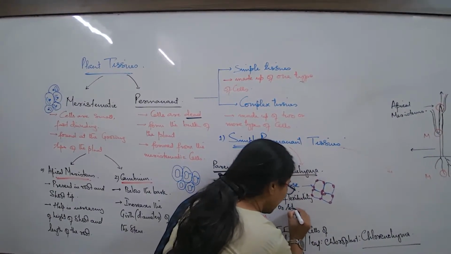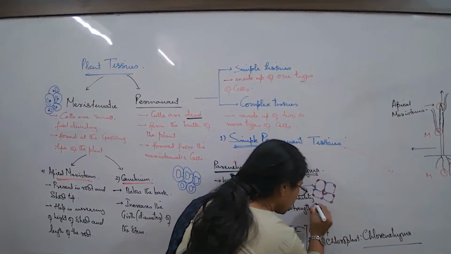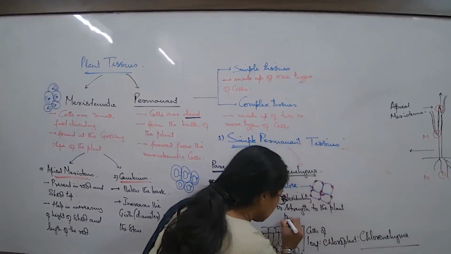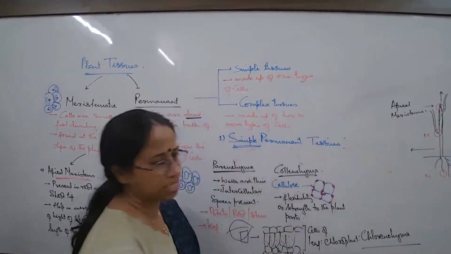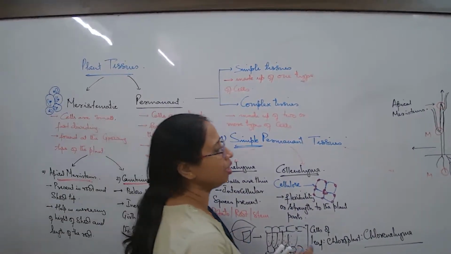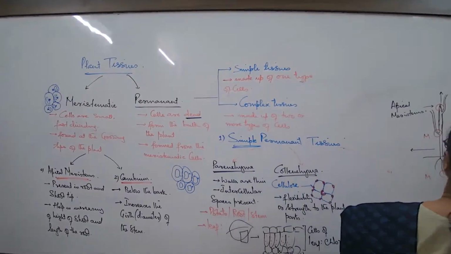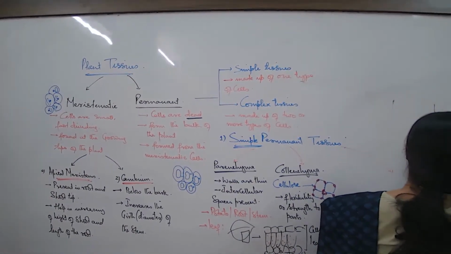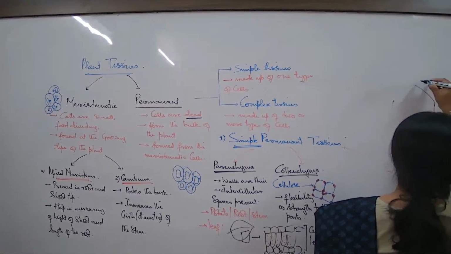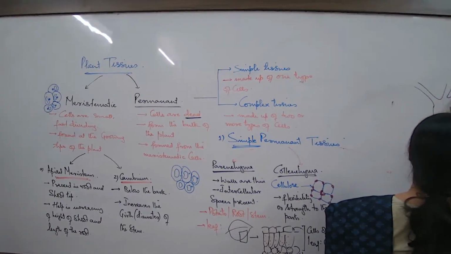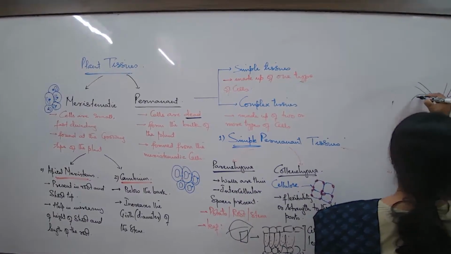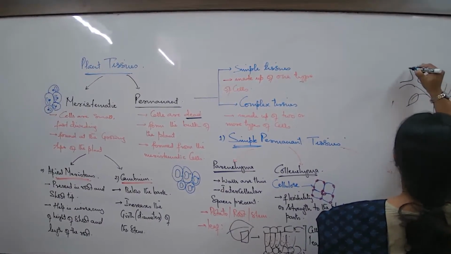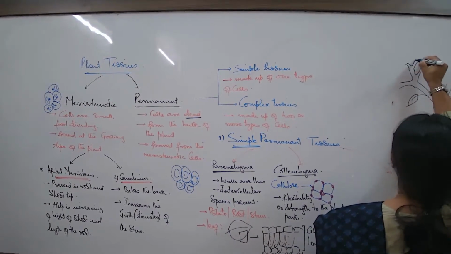Strength to the plant parts, flexibility, elasticity. For example, this is the tree that I am talking about, a tall, big tree with so many branches, and some leaves, and some flowers.